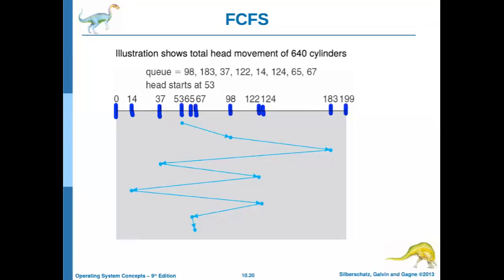So the head starts at 53. It is a very simple thing, 53 to 98. You can simply take this difference, 98 minus 53. Then from 98 to 183, because in the queue after 98 it is 183. We discussed this part yesterday, and the total movement is 640 cylinders.